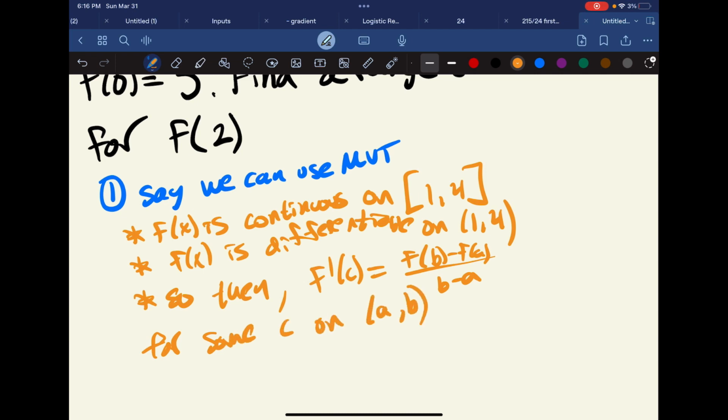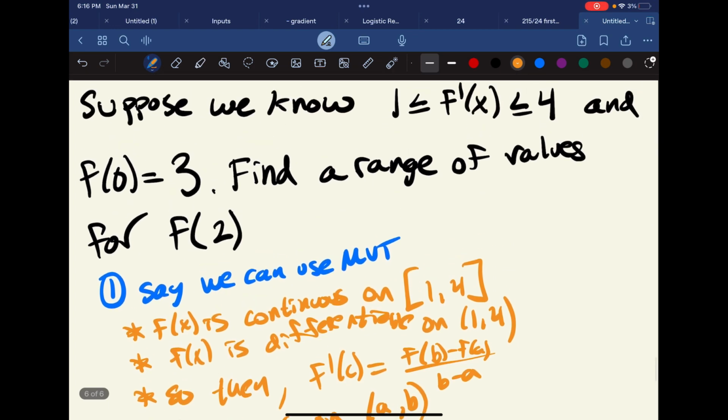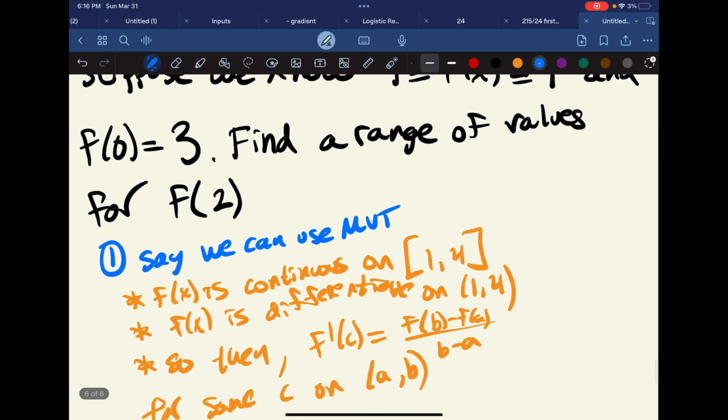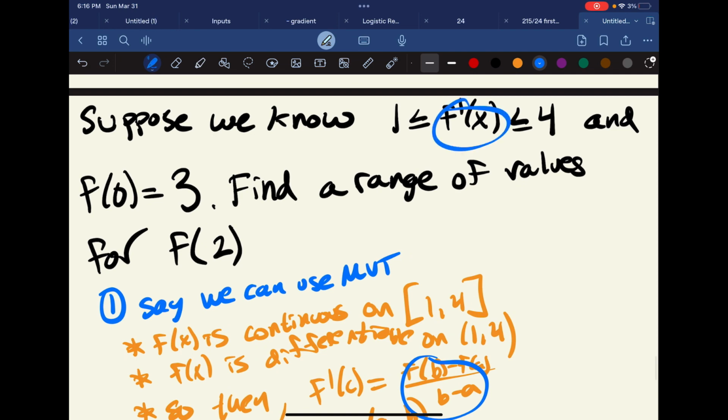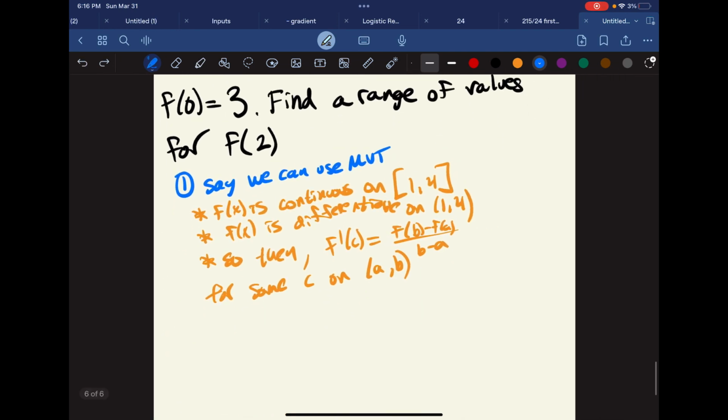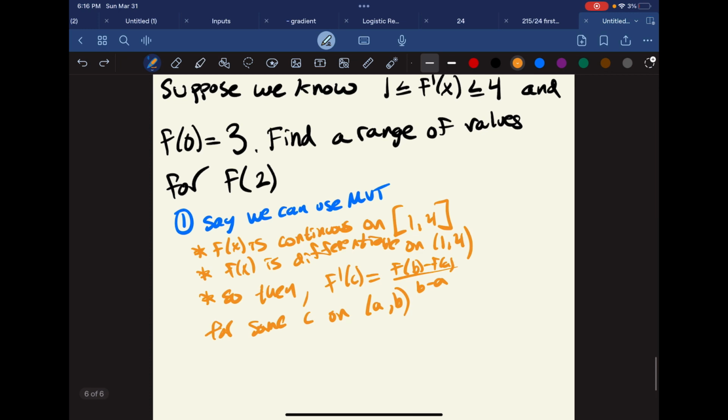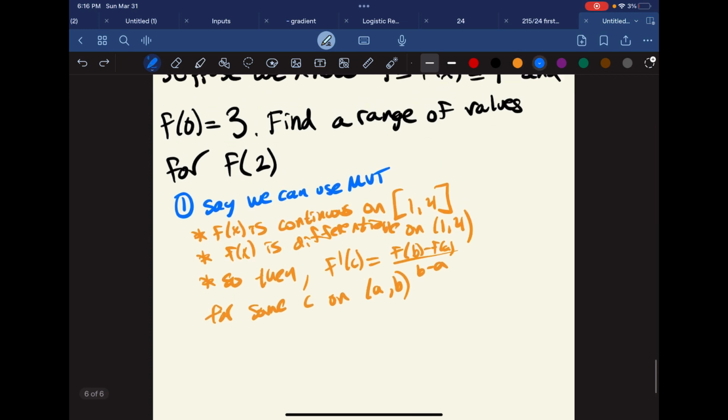It's always good to start by stating your mean value theorem. Now that we've established that, we can plug in for f prime of x. So we can say 1 is less than or equal to, and then is less than or equal to 4. And in the middle here, we're going to put f of b minus f of a over b minus a.